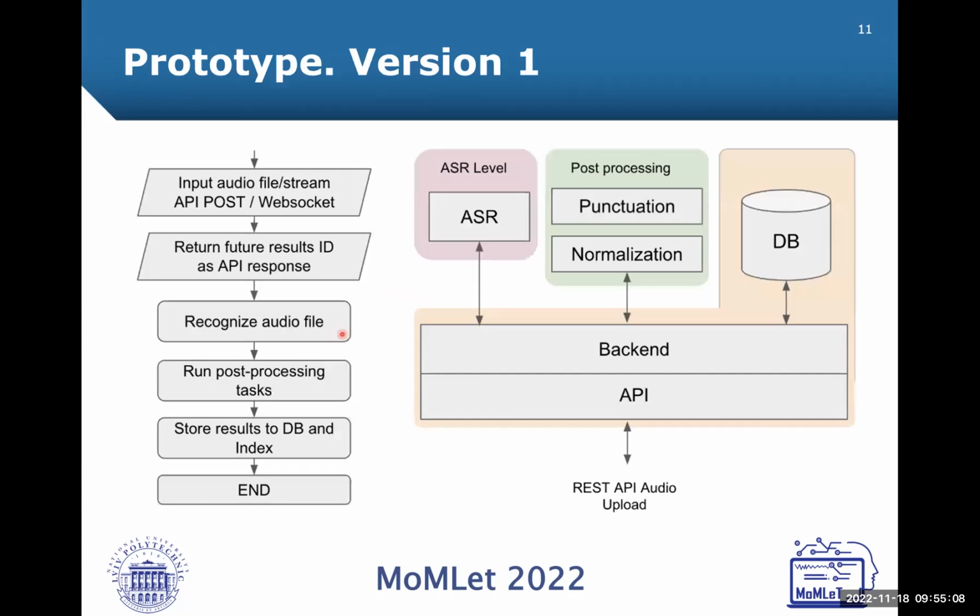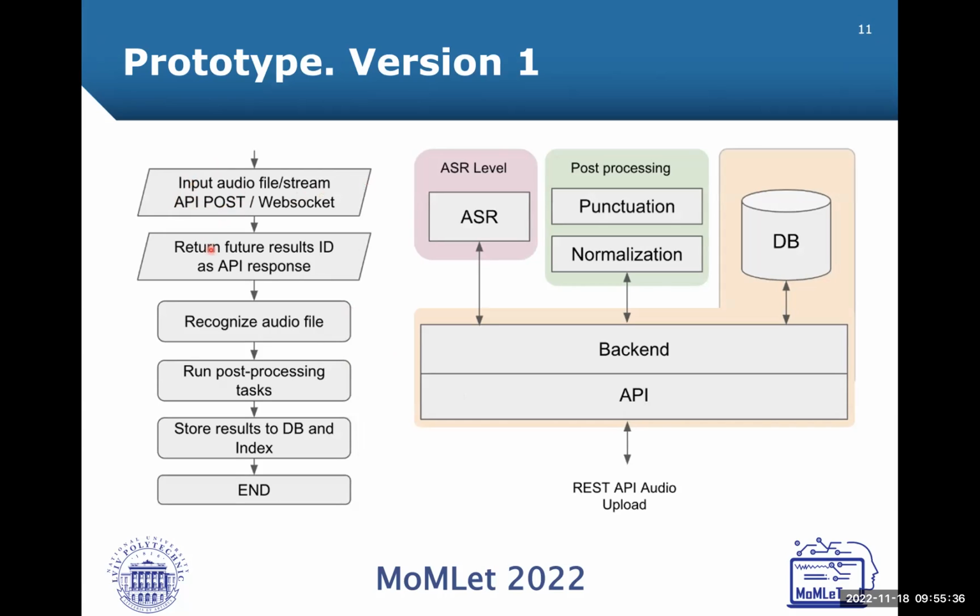We started with version 1, and then we will go to version 2. We started with a very simple architecture and algorithm. We input the audio stream within an API HTTP POST method. We return a result ID immediately.